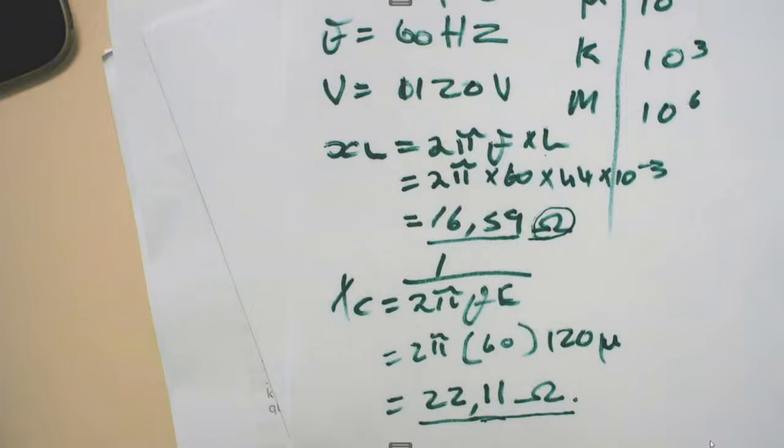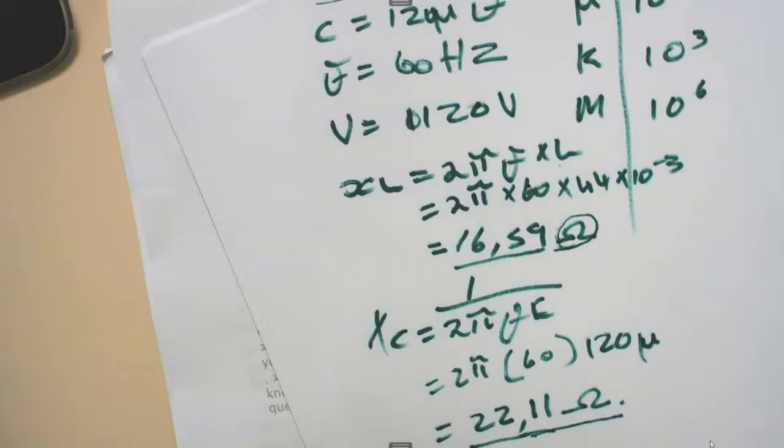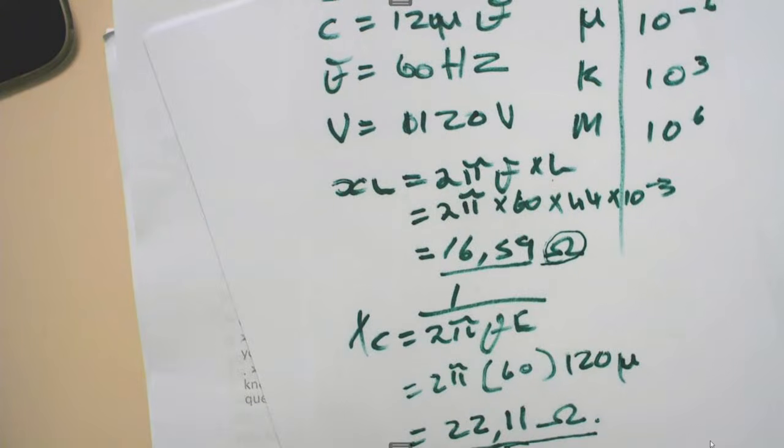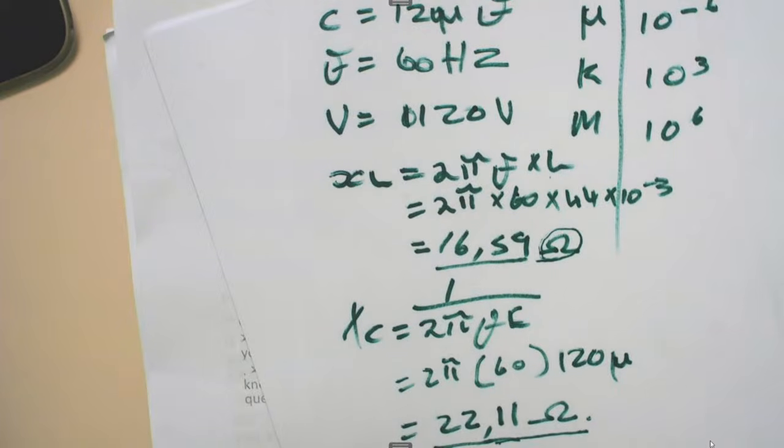Now, I will say this circuit is leading, because XC is greater than XL. So that's the reason. If XC is greater than XL, our circuit is leading.